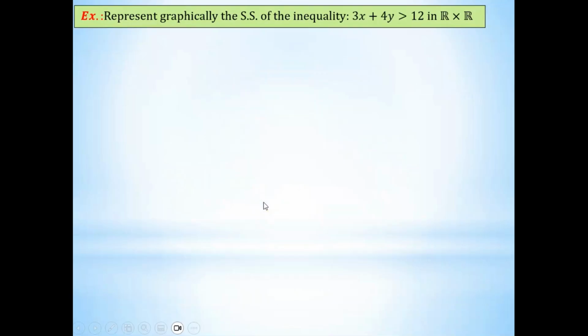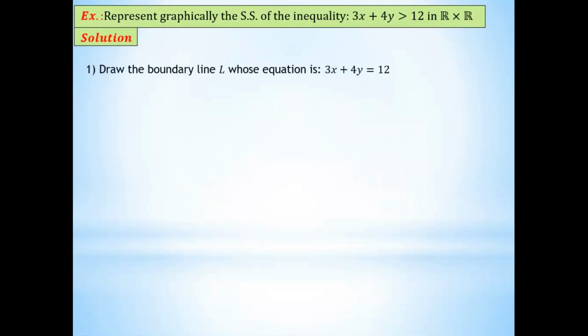Another example: represent graphically the solution set of the inequality 3x plus 4y more than 12, more than, not equal. There is no equal, so remember again, the line should be dashed. Let's start. Draw the boundary line L whose equation is 3x plus 4y equal 12.